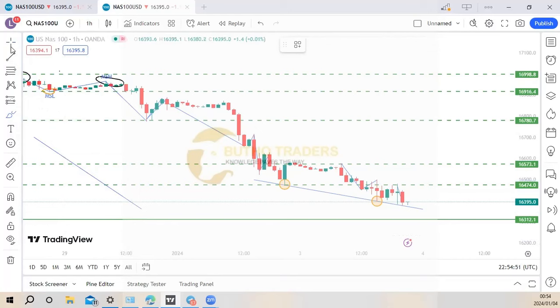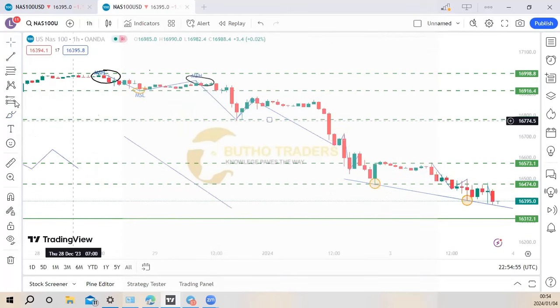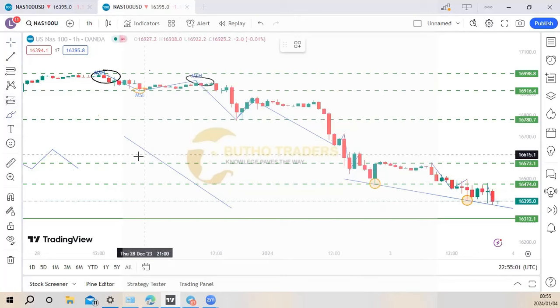Let me drag it this way so that you guys see. We have a situation where, when they say it closes up, the candlestick has to be like this.